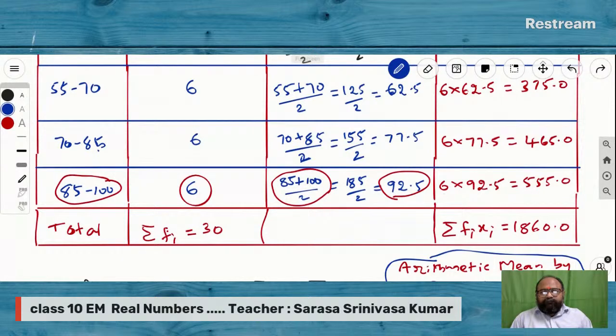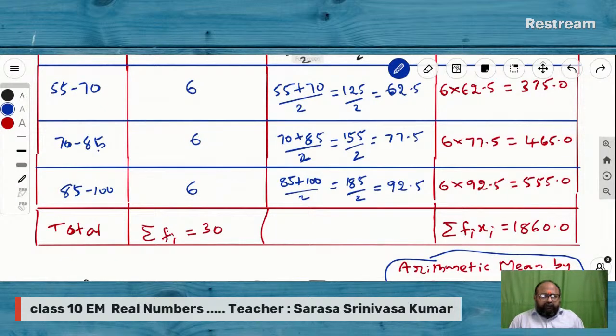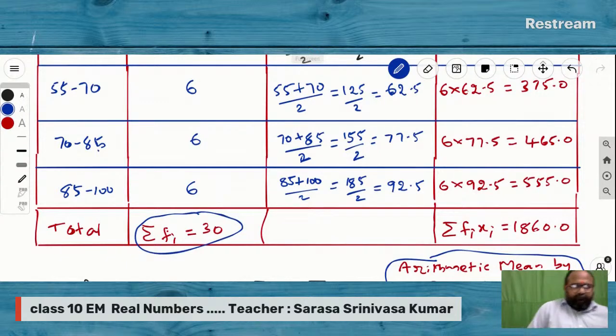Now we add all the values in the second column. This gives us sigma fi, that is number of observations, number of students, 30.